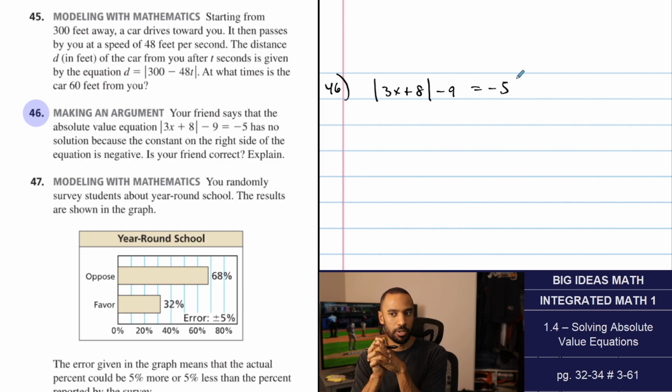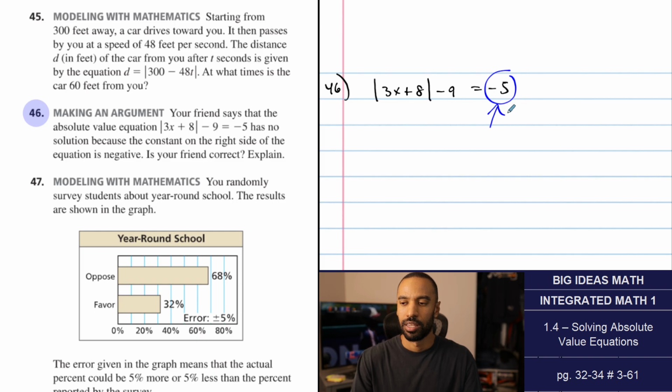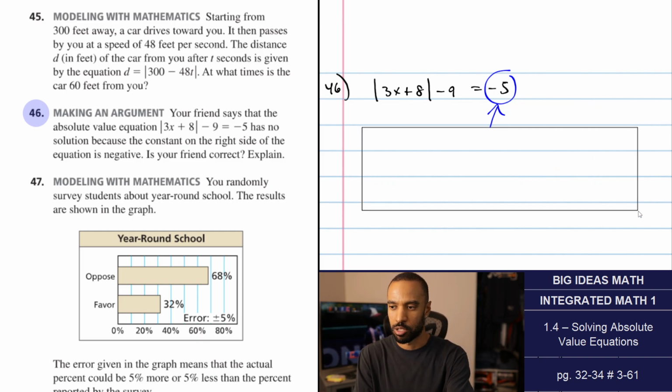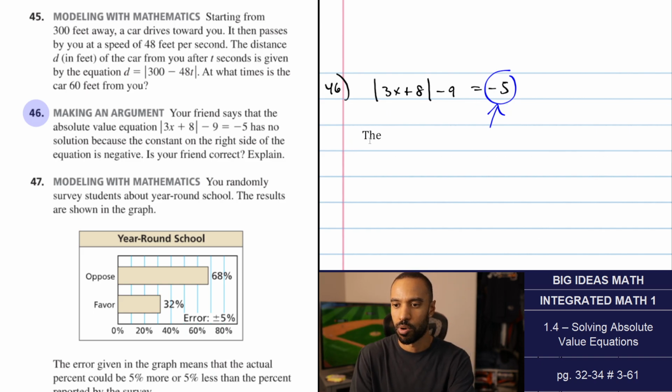It's not that these couldn't have a solution. It's that you are prematurely looking at this and saying, just because this is negative, this -5 is what we're looking for to indicate whether the absolute value is positive or negative.